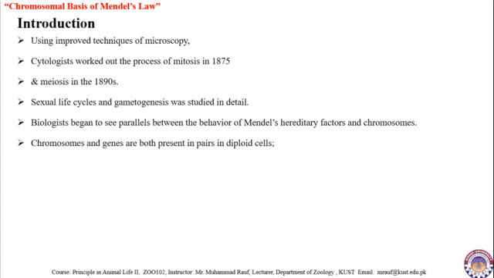Homologous chromosomes are two, it's a pair. Mendelian factors also exist in pairs. Both members are there in a single diploid individual, and during gamete formation, the two factors are separated so that each gamete has only one and not both, and the same is the case with the chromosomes.